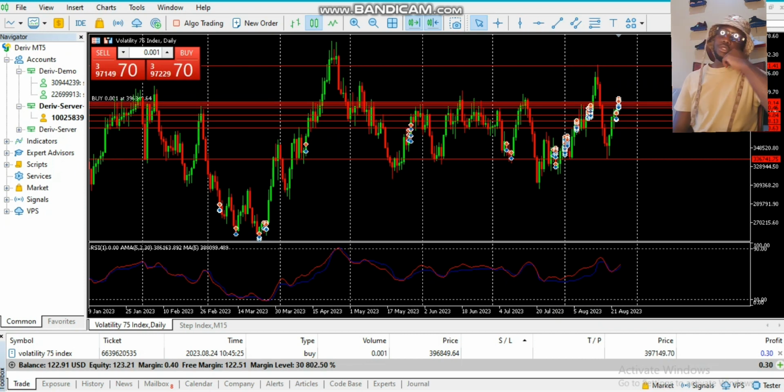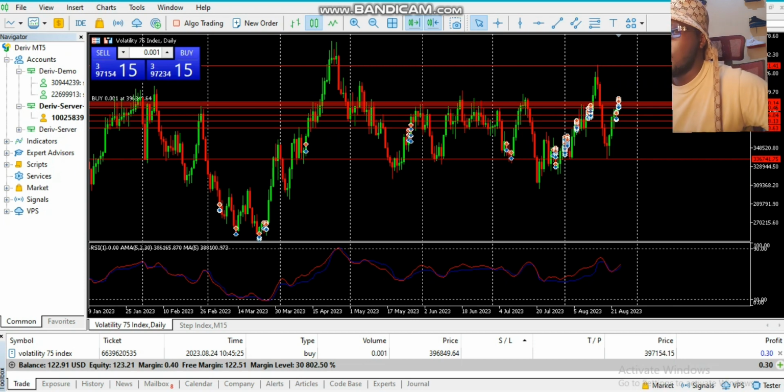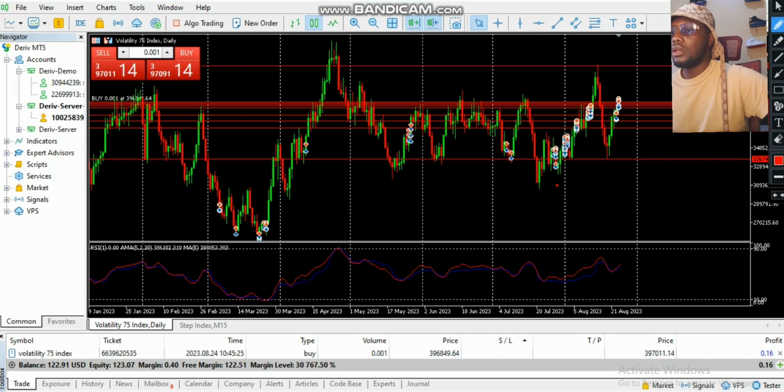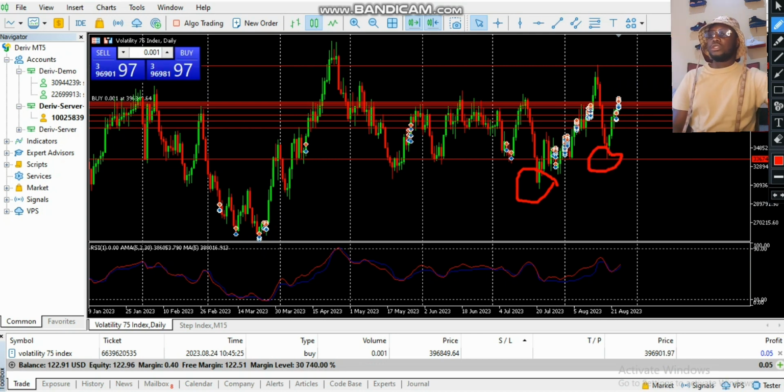So according to my calculations here, I think a regular person would put this as the lowest point, but I'm following structure, so I put this as my lowest point, and that's the reason why I put my horizontal line there.